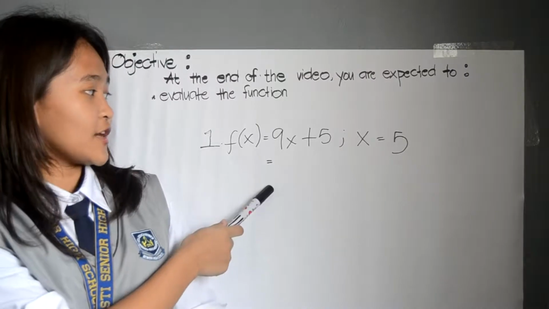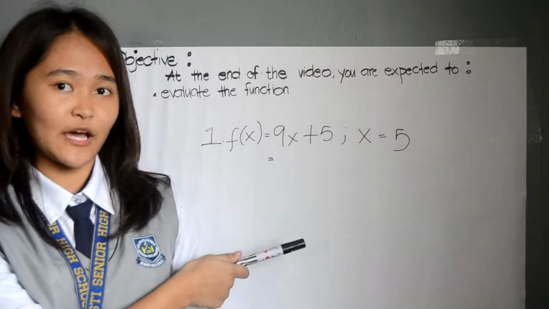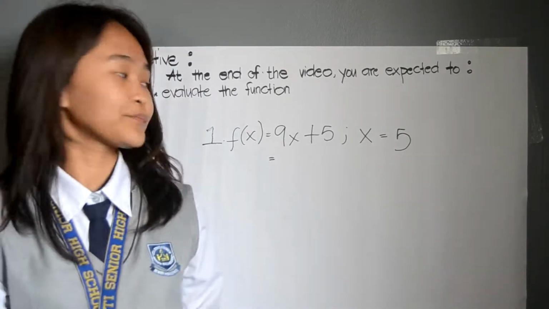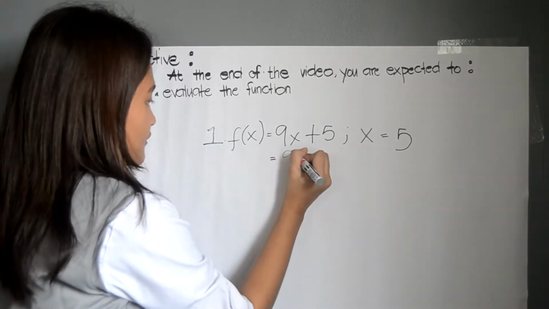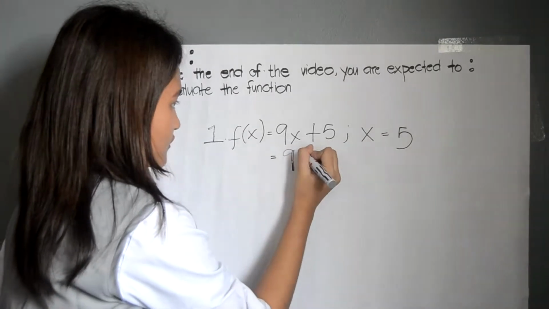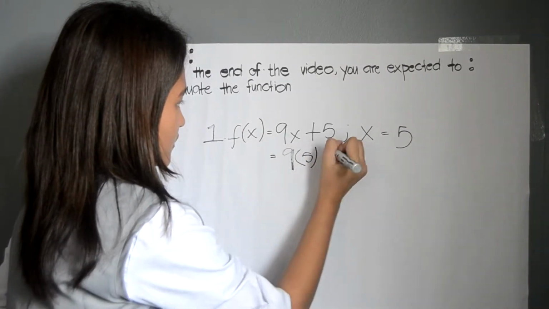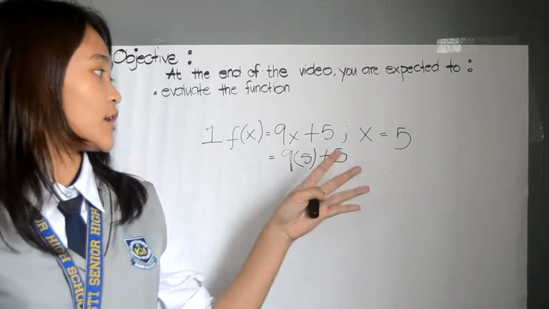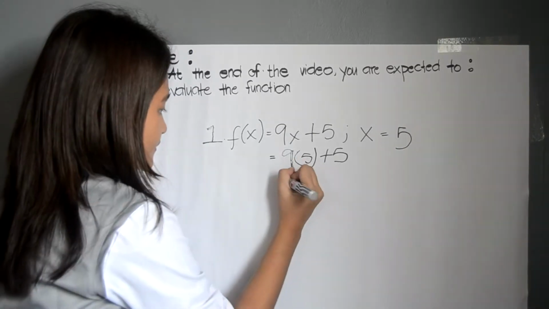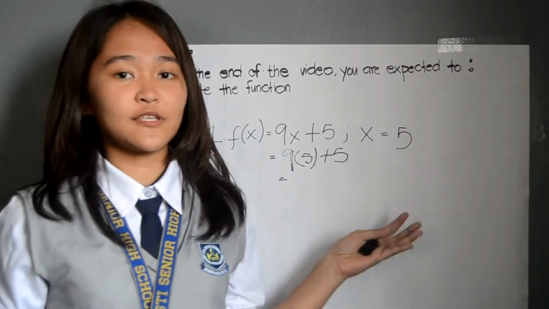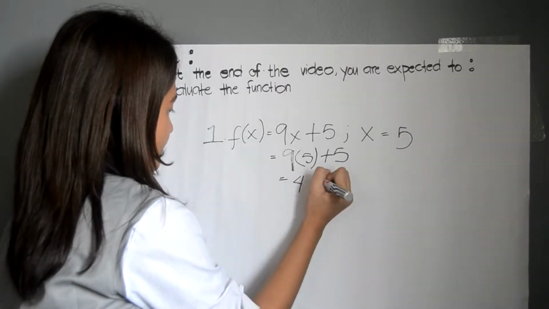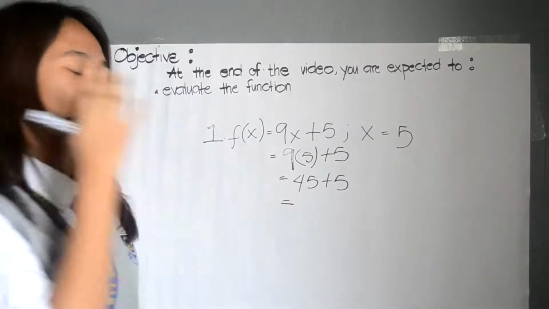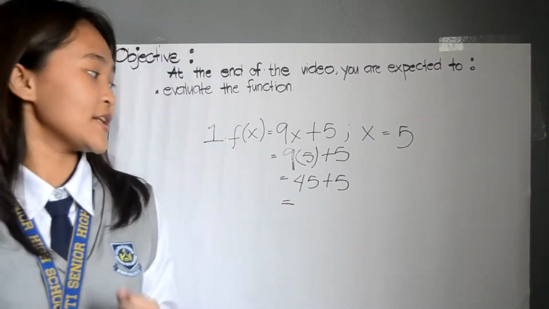So, f of x is equal to 9x plus 5, wherein x is equal to 5. We will replace the x of f of x by 5. 9 times 5 is equal to 45. 45 plus 5 is equal to 50.